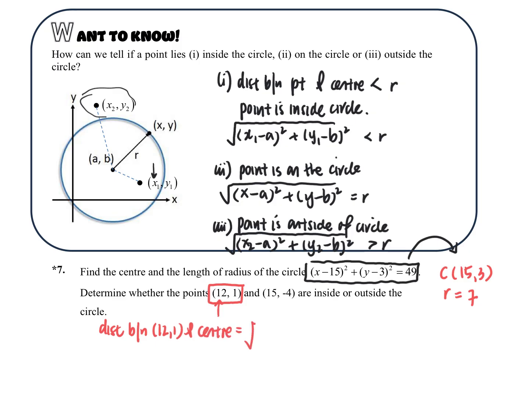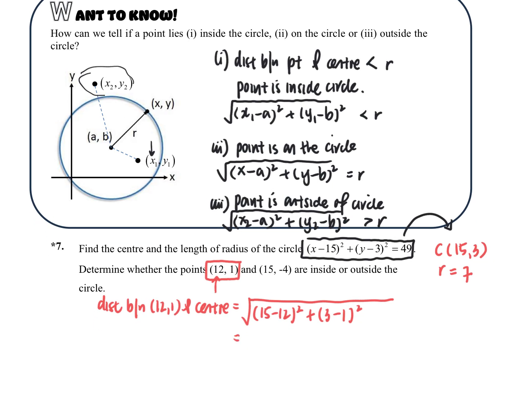So it will be square root of the difference of the x coordinate, 15 minus 12 squared, and then difference of the y coordinate, 3 minus 1 squared. So you go and calculate, you will get 9 and 4. So square root 13. Is square root 13 more than 7 or less than 7?